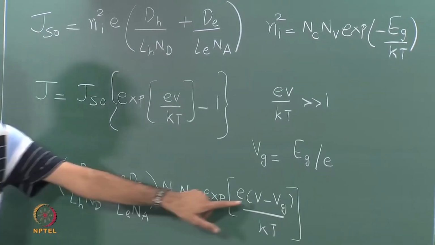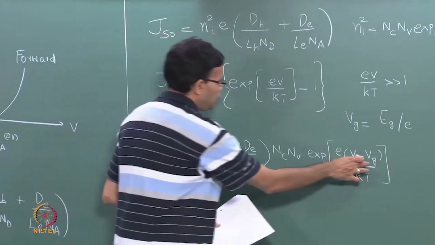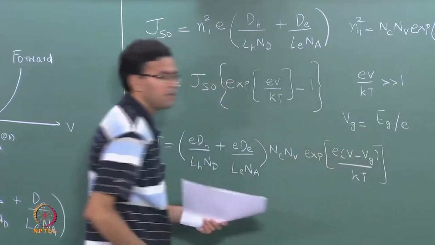So, V here is the external potential that you apply during forward bias, Vg is nothing but the band gap divided by e.